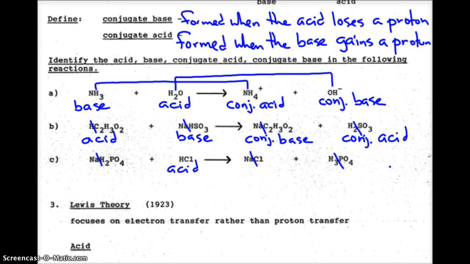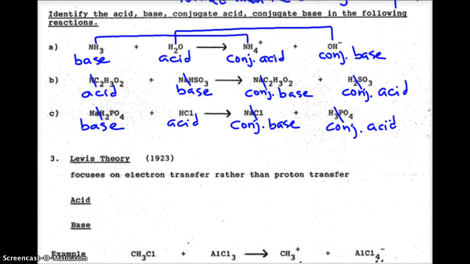It gives up the H+, it gets the Cl-, and the Cl- over here on the right must be my conjugate base. And then the other one, sodium H2 phosphate, that's going to be the base because it gained a proton over here, so that would then be my conjugate acid.